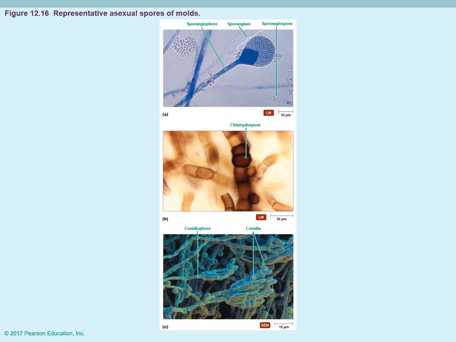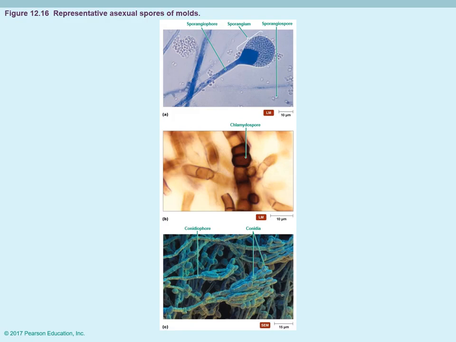The way these spores look, whether they are just kind of free or whether they're encapsulated in a structure, what does that structure look like? Is it round? Is it open on the top, open on the bottom? Are the spores just formed on the end of strands like this? We use that to help classify the organisms.